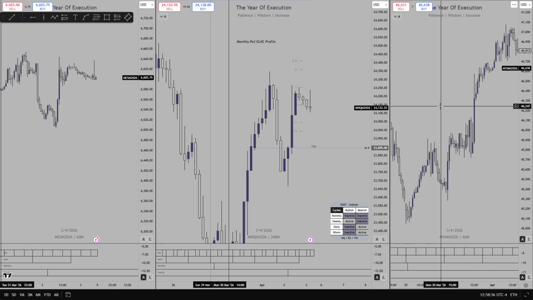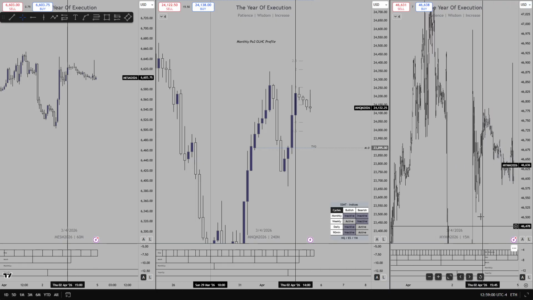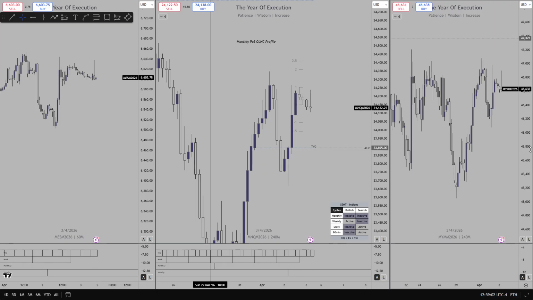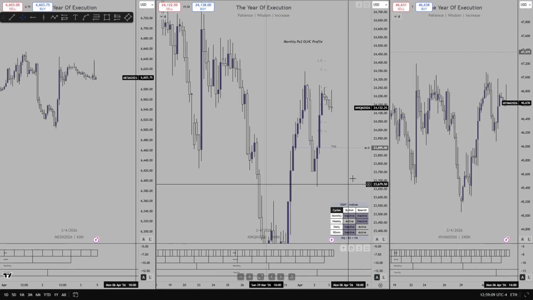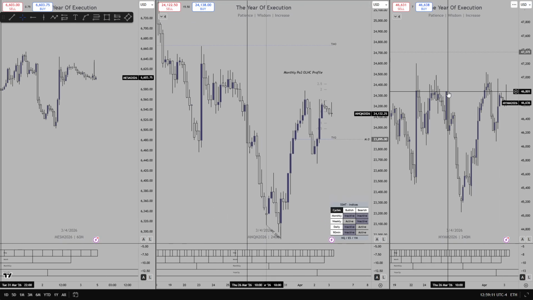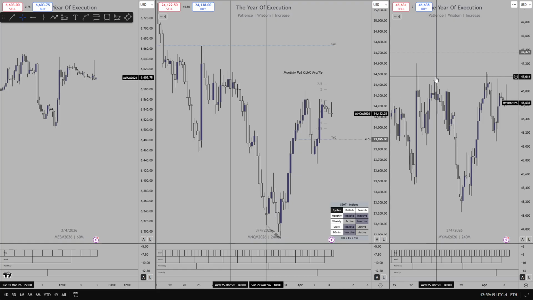Right now I feel like what I'd like to see from price with this upcoming week. Do we have a hidden? Let me see. Is that a monthly cycle?